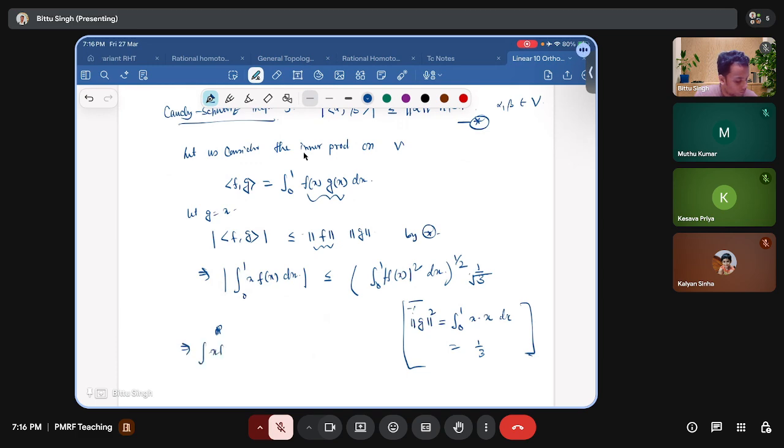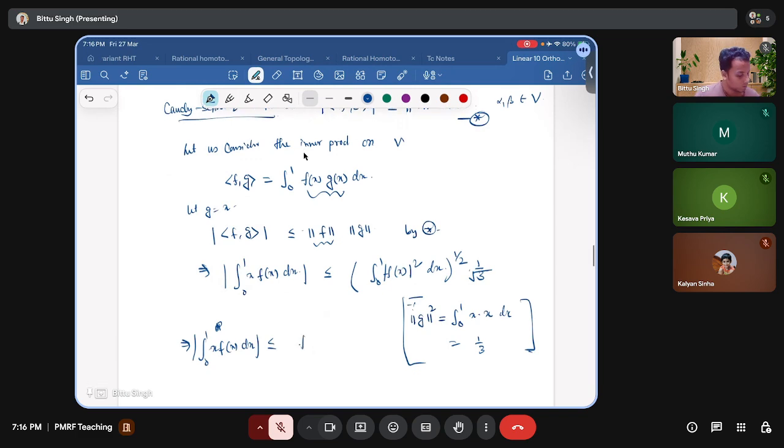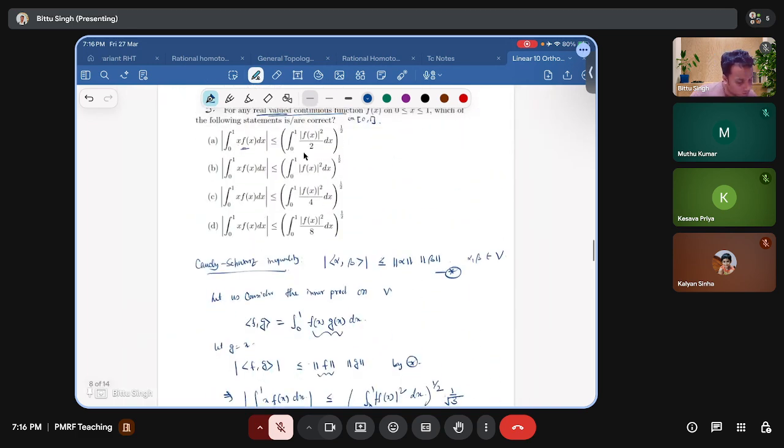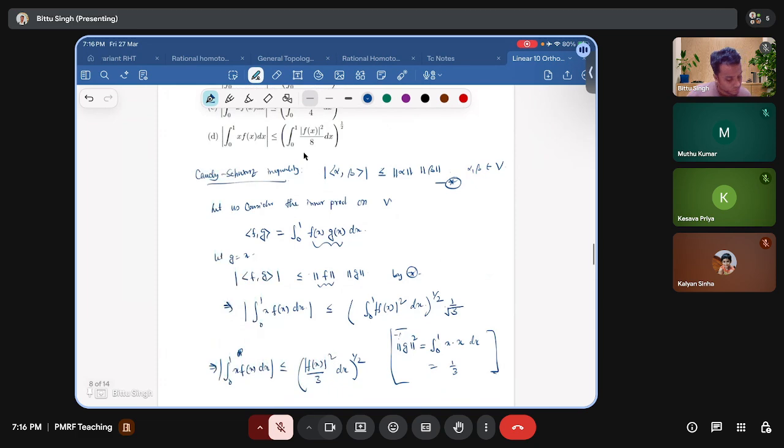Therefore, we are getting the integral of f(x) x dx from 0 to 1, modulus of this is the same as the integral of f(x) squared by 3 dx, to the power half. Oh, sorry, integration, of course, 0 to 1.